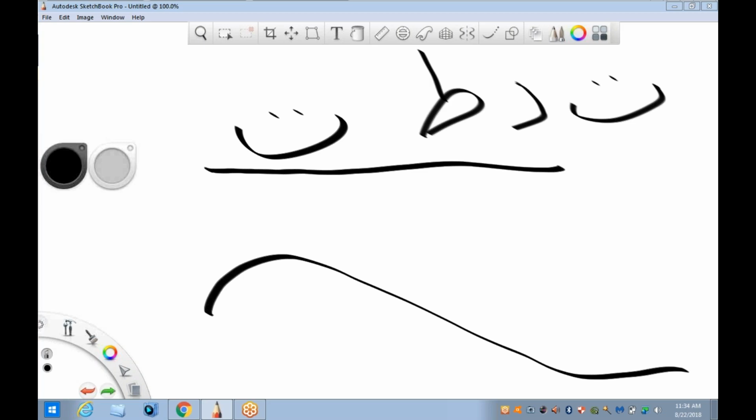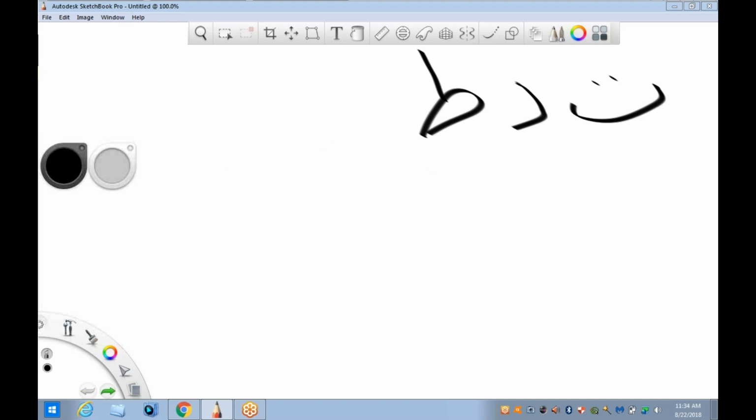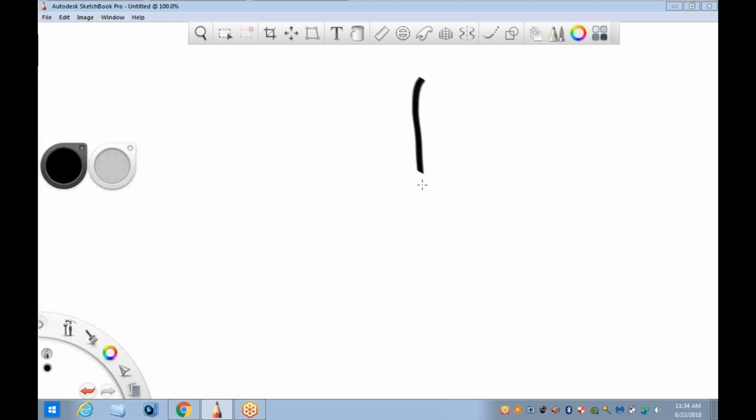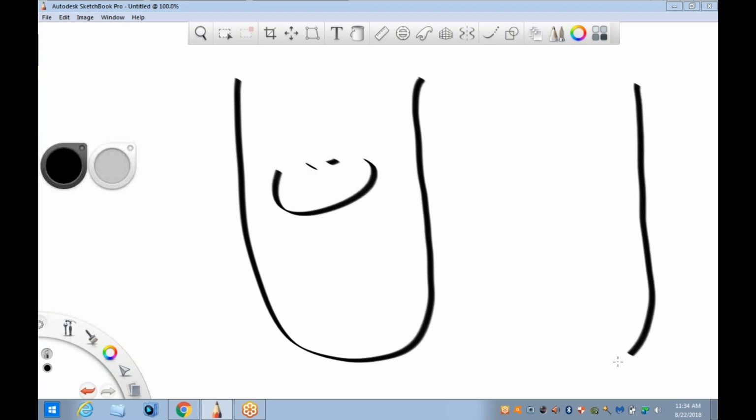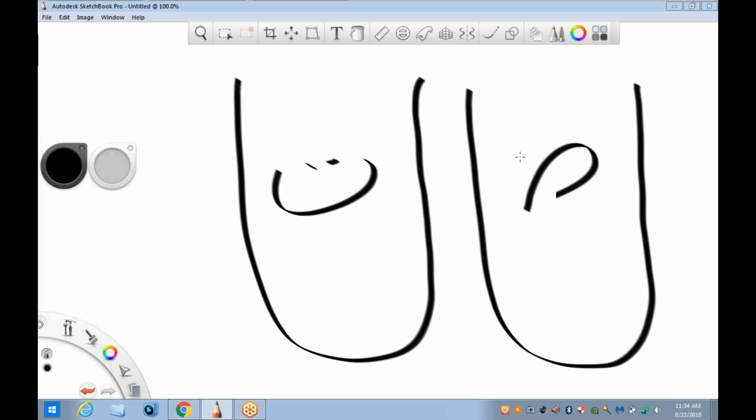There's another thing I want you all to recognize about these letters. When you pronounce the ta, this is what touches the tip of the tongue.